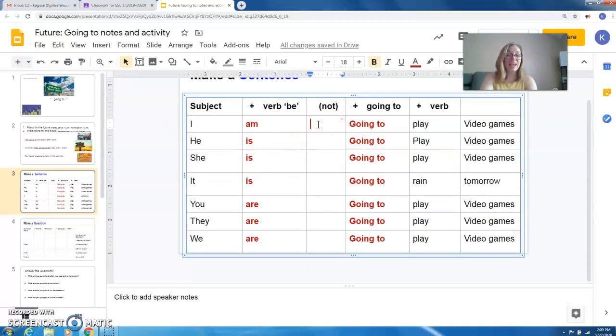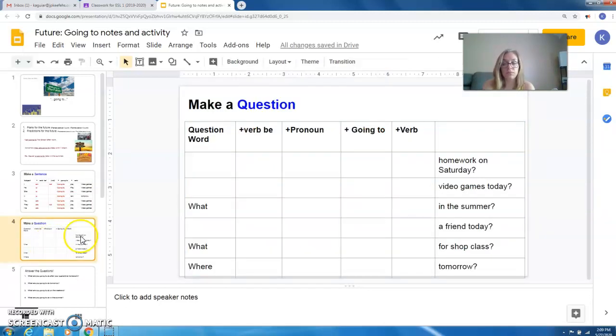And for negative, something not going to happen, you could put I am not or they are not for negatives. Okay, so make a question. Remember, sometimes we have a question word, sometimes we don't.